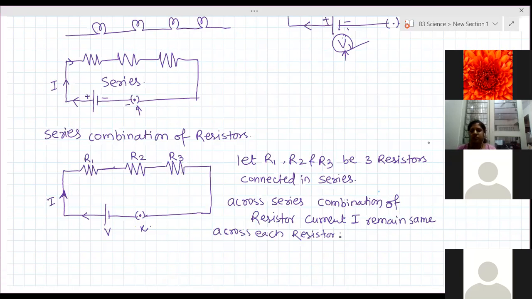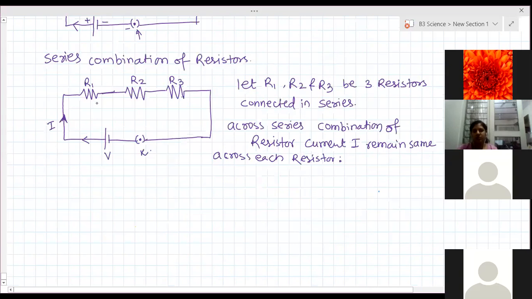Right? Yes, ma'am. So if the current remains the same but the resistance values are different, what happens to the V value?